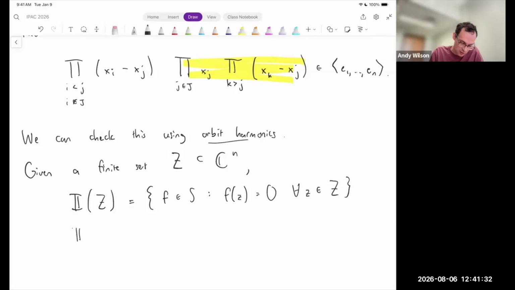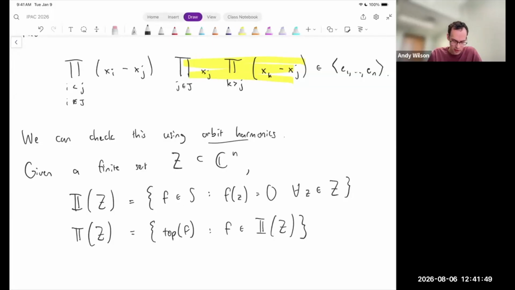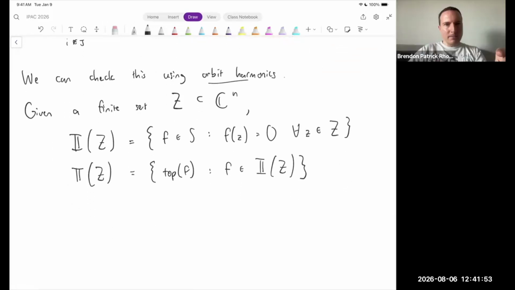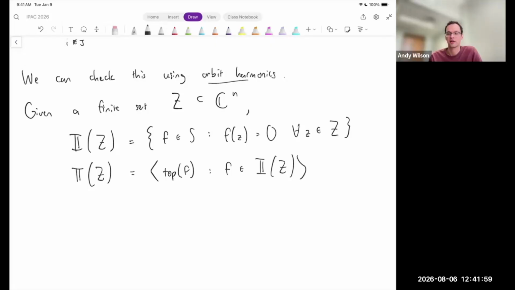These polynomials might not be homogeneous, so we can break them up into homogeneous pieces and take the top piece of each one. You can check that these are both ideals, generated by the top pieces.